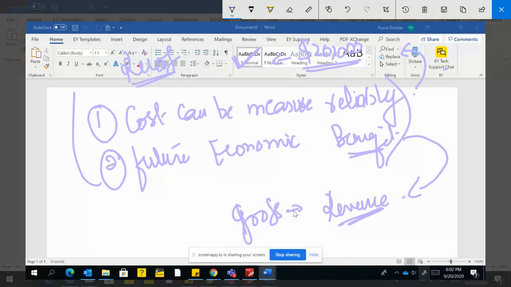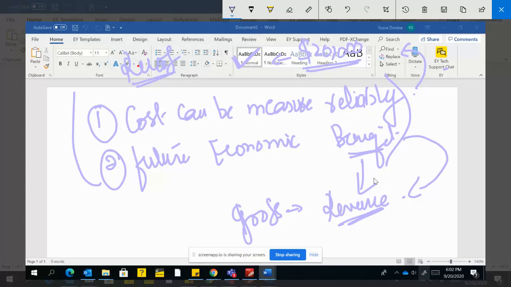Obviously, if you are buying some machinery, this machinery will help you to produce goods and generate revenue. If you are selling these goods, obviously you are generating some revenue. So this is your future economic benefit. You are using this asset and generating revenue.